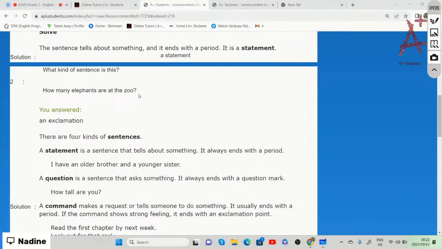Is it a statement that ends with a question mark? Is it a question that ends with a question mark? Or a command ending with a question mark? Or an exclamation ending with a question mark? How many elephants are at the zoo? What kind of sentence is this?